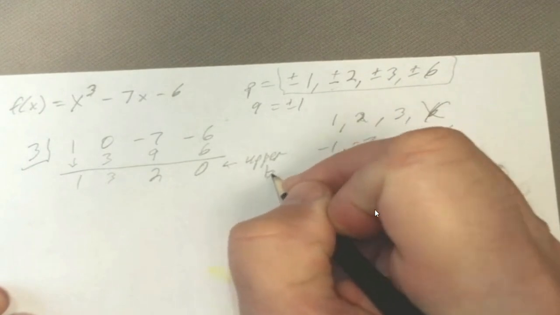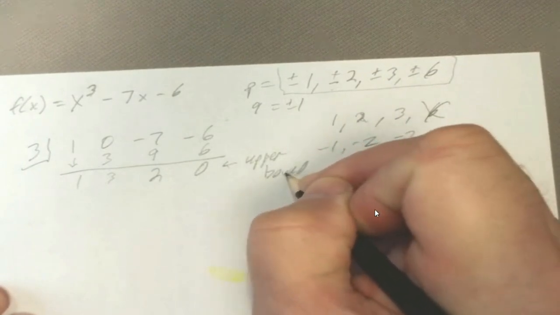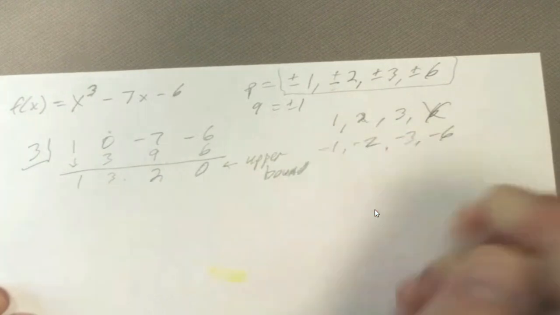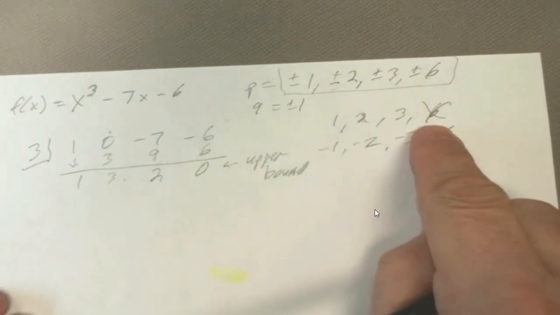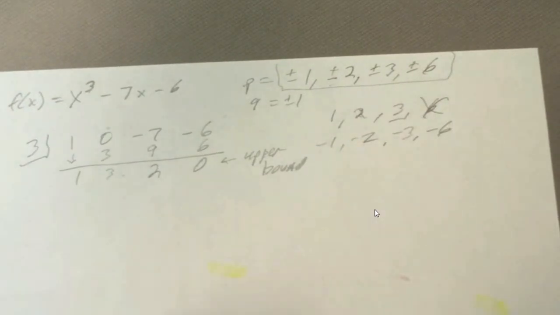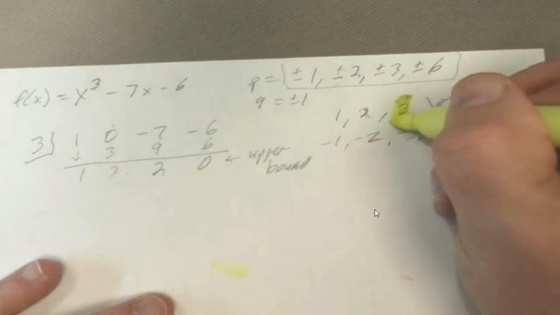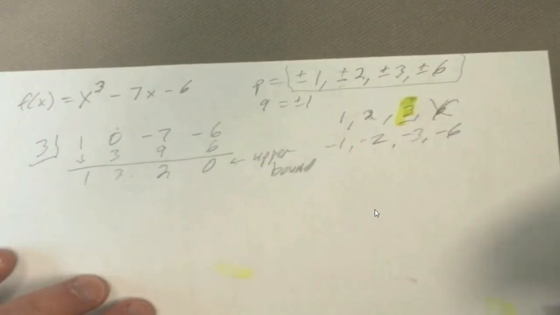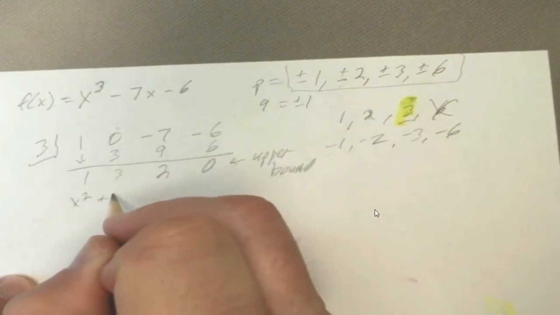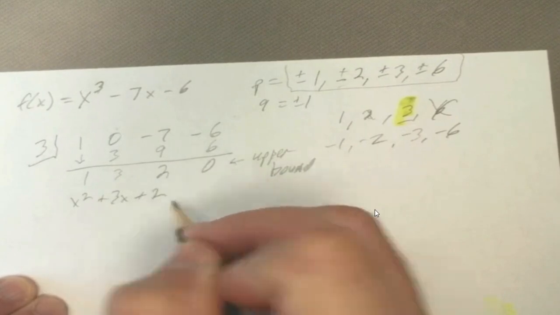Interesting phrasing, but it just means that's the largest possible factor there can be. The upper bound. So that means we don't even have to test this one. This one checked out. That is a factor. And so now we have x squared plus 3x plus 2.